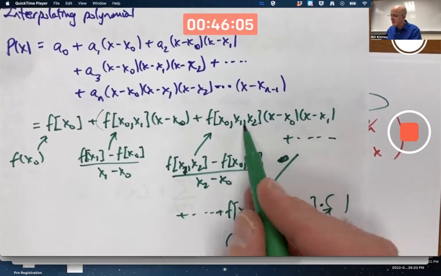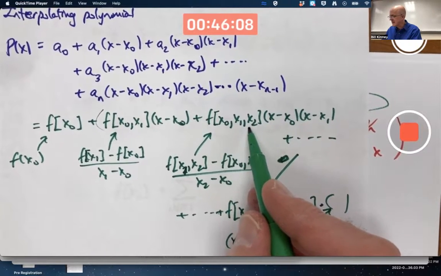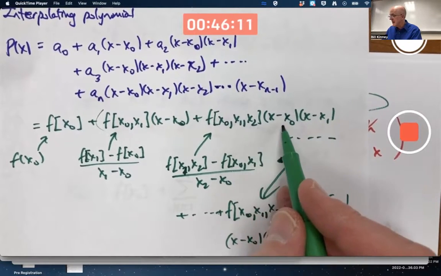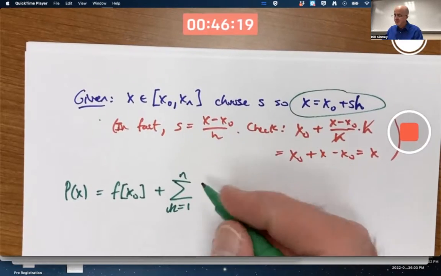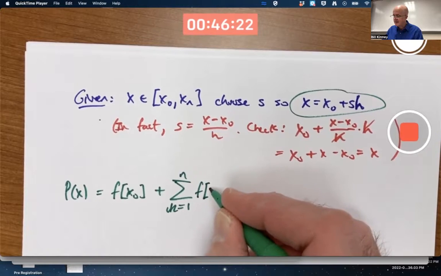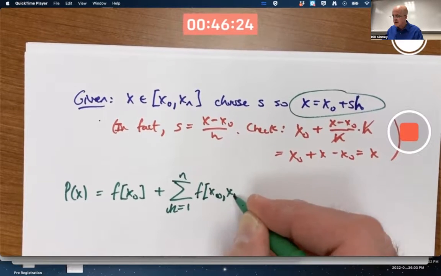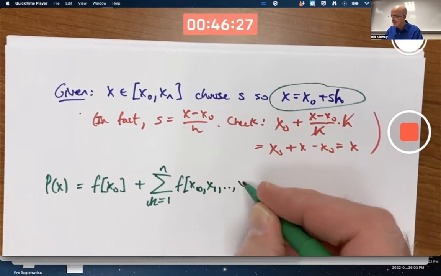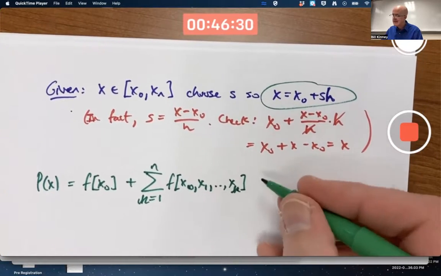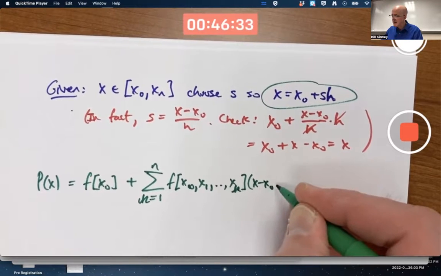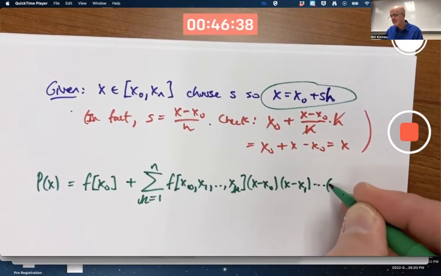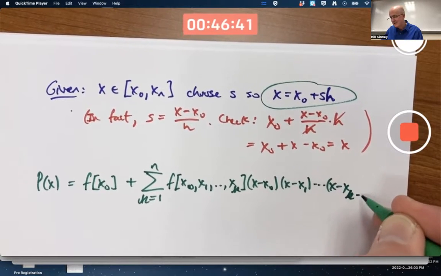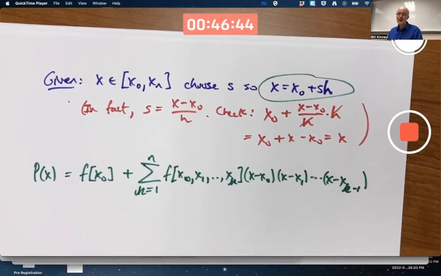When k is 2, for example, we'd go to the third divided difference, which has a last subscript of 2. And with the products here, we'd multiply by x minus x0 and x minus x1 when k is 2. Assuming that pattern continues, we'd have a kth divided difference notationally looking like this, with the last subscript of k, times x minus x0 times x minus x1, etc., through x minus xk minus 1. There's k factors there.